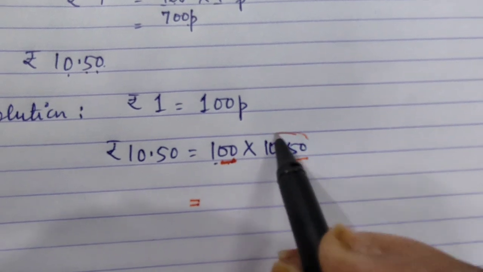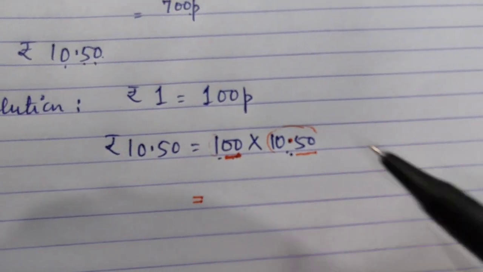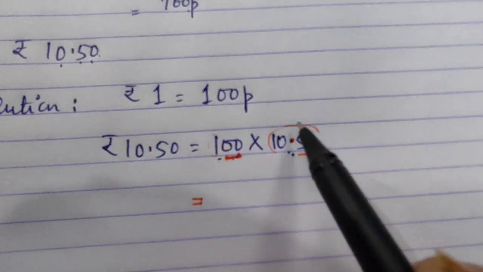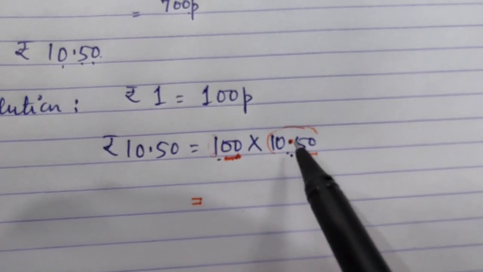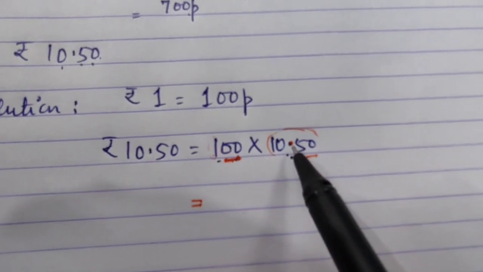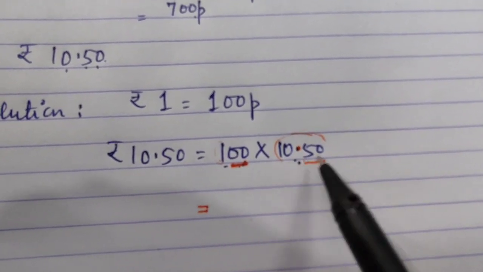imagine that this entire number is to be multiplied with this 1. इस पूरे नंबर को हम क्या करेंगे बेटा? 1 से मल्टीप्लाई करेंगे. Just not focus on the point right here over here. So just imagine the number 1050.